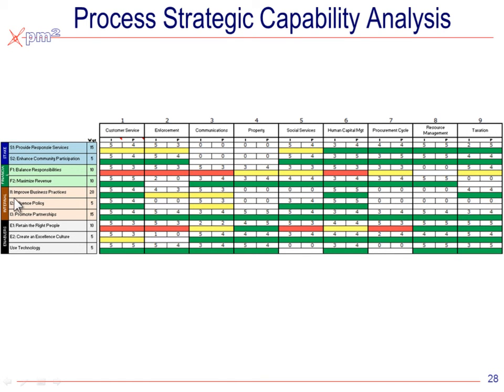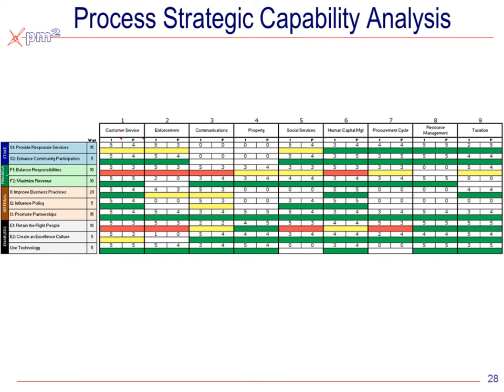The dilemma is this. If I look at it horizontally by strategic objectives, I'll see that some objectives we're going to do well at. So, for example, enhancing community participation, you can see I'm green horizontally all the way across. But the next objective, balanced responsibilities, you can see that I'm not going to achieve that objective because every single process that touches it is performing below target.